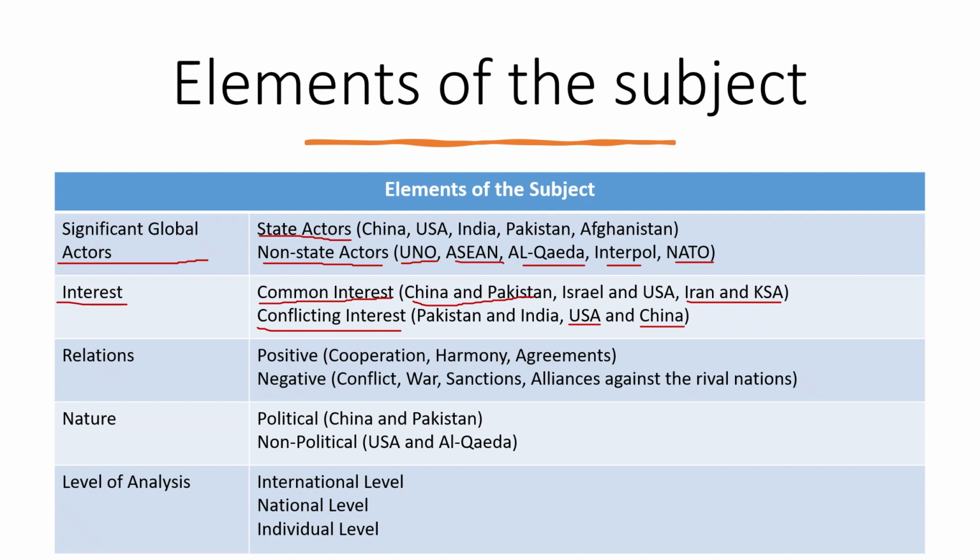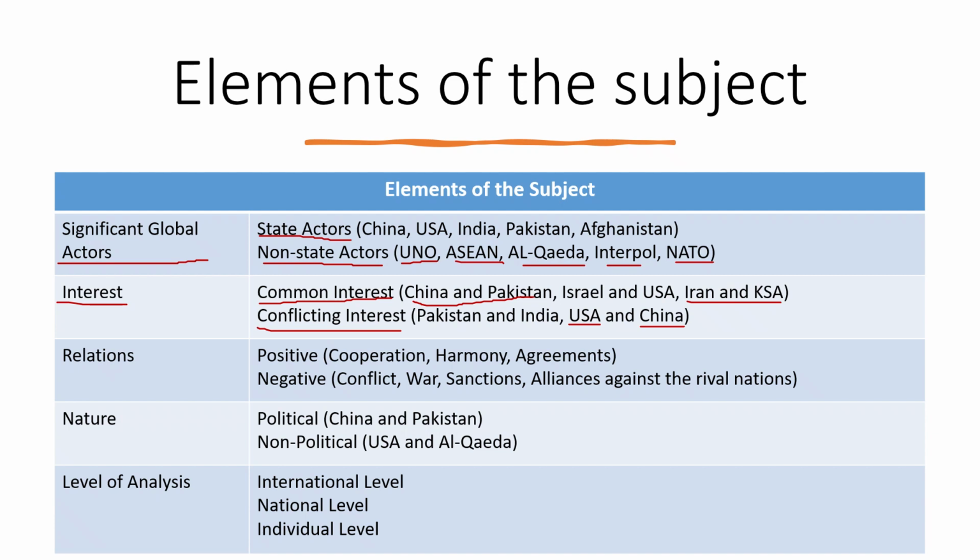Then we should study another element of the subject, that is level of analysis. Students, the scholars of IR divide the level of analysis into three categories. First of all, there is an international level. Then there is a national level. Then there is an individual level. We know what is the job of the scholars of international relation.